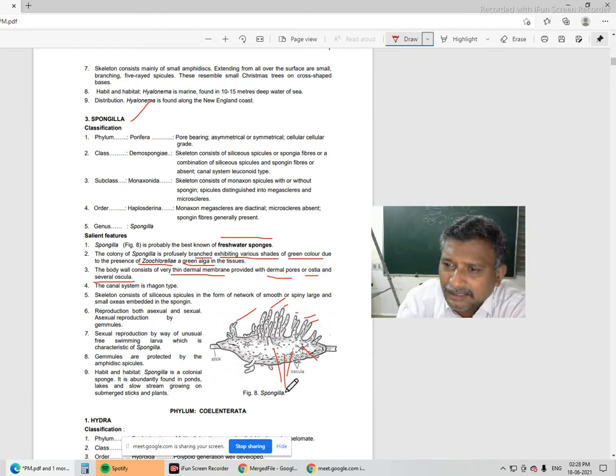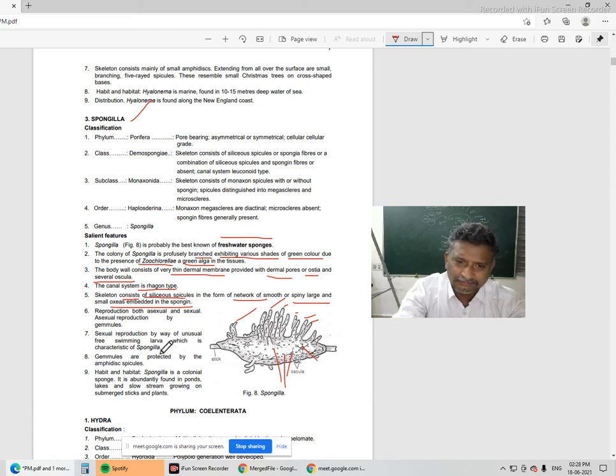The larger anterior opening is the one by which water moves from the body to the outside. The Rhagon type of canal system may not appear, no need to discuss it. The skeleton consists of siliceous spicules in the form of a network, smooth, spiny, large and small, axis embedded in the spongin fiber.